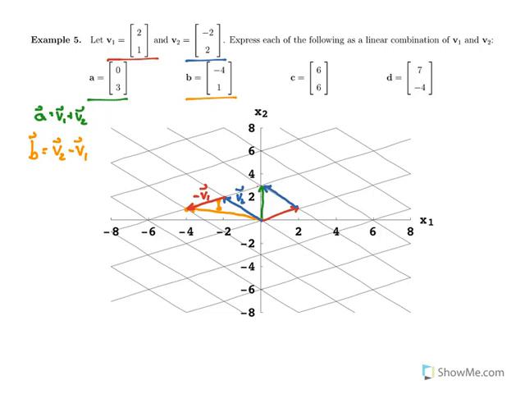And then note that since addition is commutative, we could also think about this as negative V1 plus V2. That's fine. And then geometrically, that just means that we're going the opposite side of that parallelogram. We're going down first and then over. We could do the same thing for A as well.